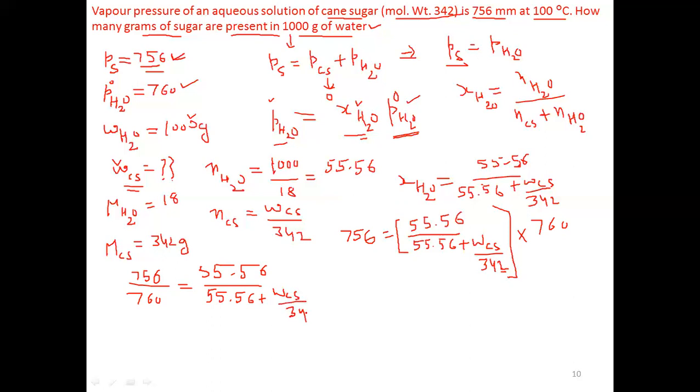We have to calculate W cane sugar. Okay. Now let us see what 756 divided by 760 will give. It is equal to 0.986, so we can write 0.99.